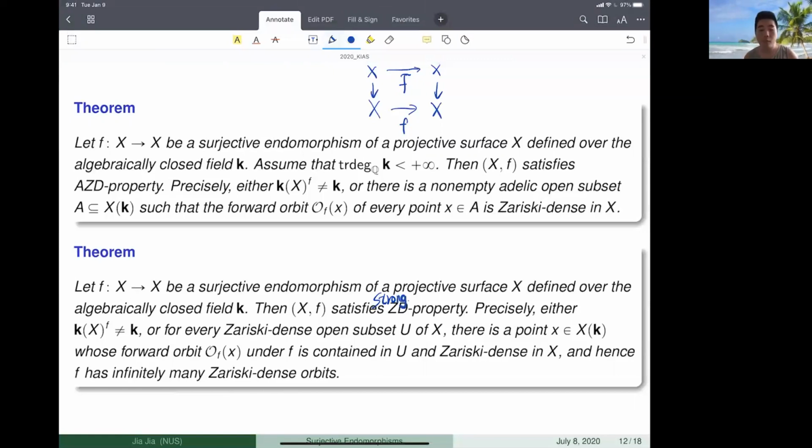Either there is an F-invariant rational function, a non-constant rational function, or for every Zariski open set U, there is a closed point whose forward orbit is contained in U, and Zariski dense in X. Since our F is a morphism, of course, this orbit is well defined. In particular, this implies F has infinitely many Zariski dense orbits. And we can take different U.